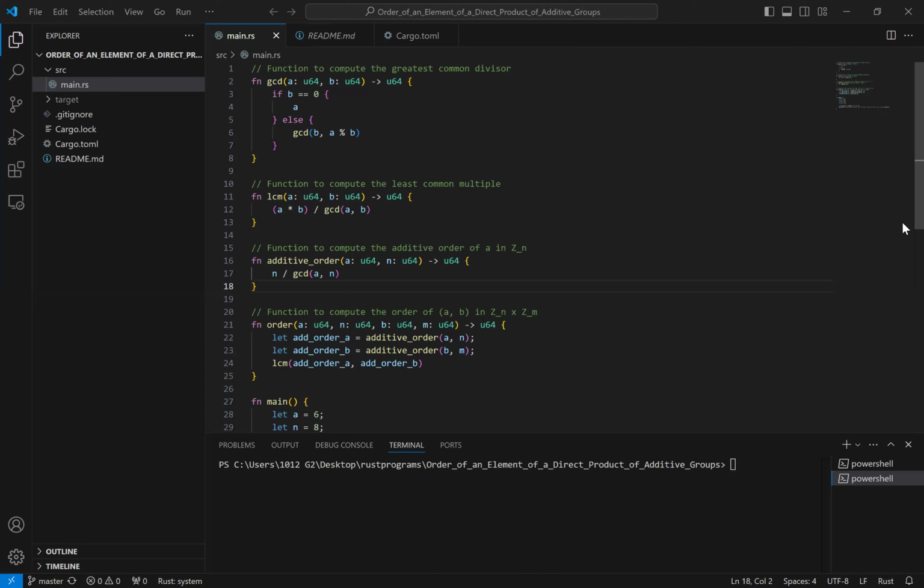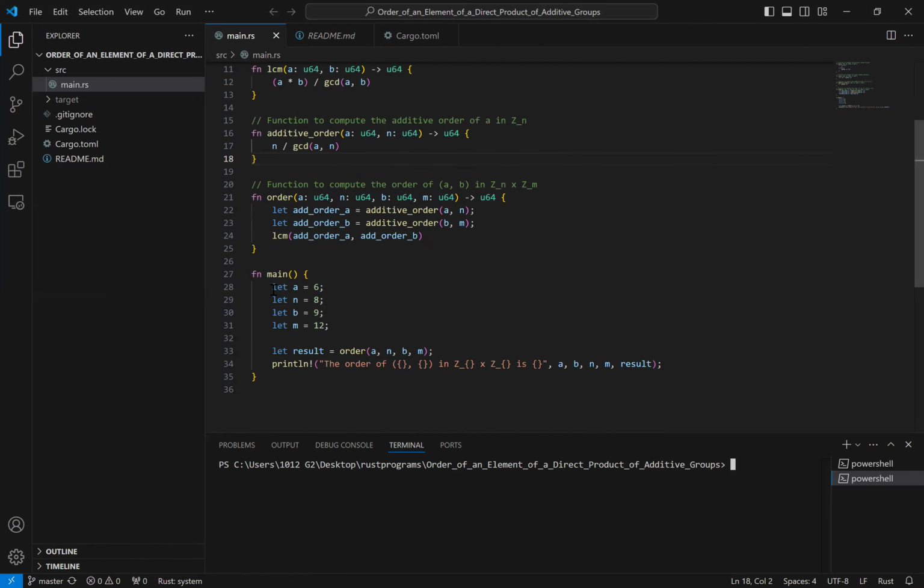I want to show you the code, how it works. I begin with two additive groups. This is the code.